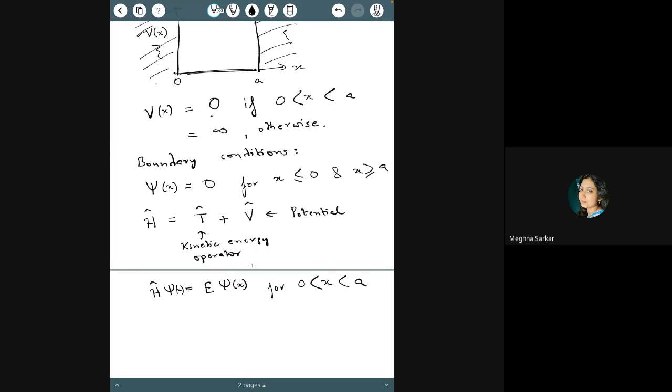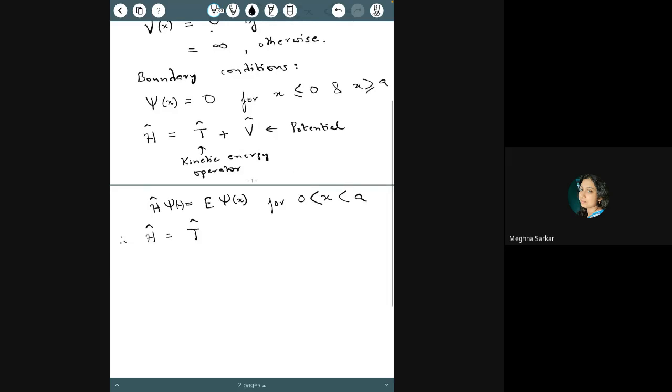So then my Hamiltonian is simply T. So what is the kinetic energy operator? Now this is basically minus h-bar squared by 2m, d squared by dx squared. This is the kinetic energy operator. So this comes from basically p squared by 2m.